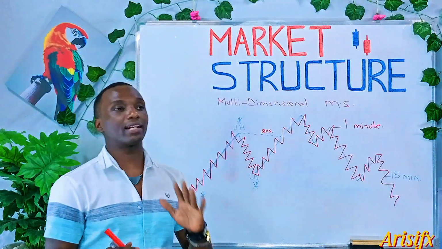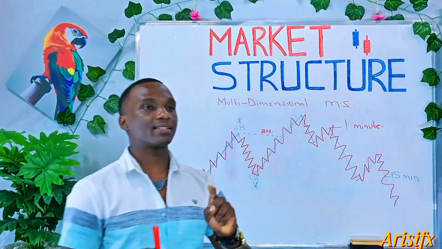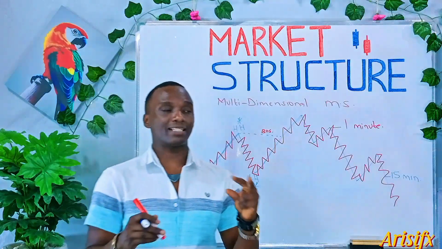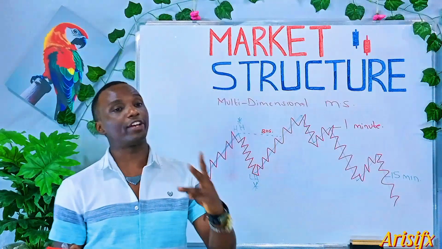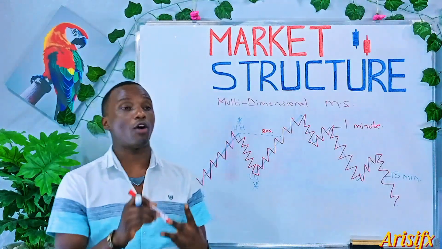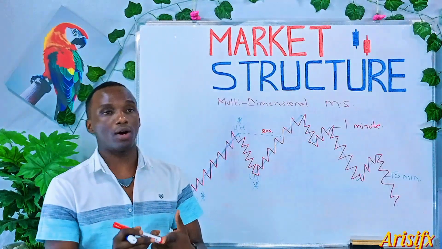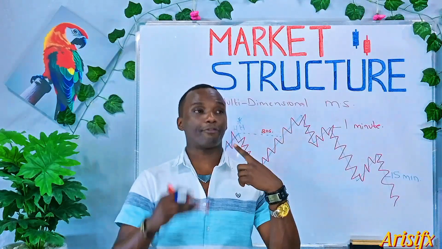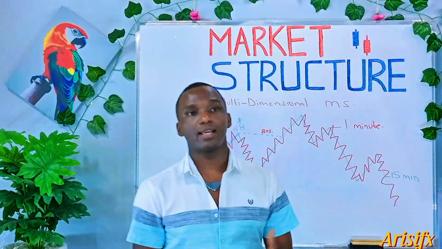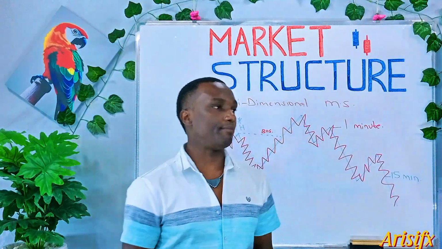Remember when we were looking at the top down analysis, the multiple time frame analysis, we said that you should start with 2 time frames. But if you feel confident, you can even go to 3. So if you're looking at the daily, you want to go to the 4 hour and then to the 1 hour. If you're using the 1 hour as your large time frame for analysis, we want you to go down to the 15 minutes and possibly even to the 5 minutes or the 1 minute.